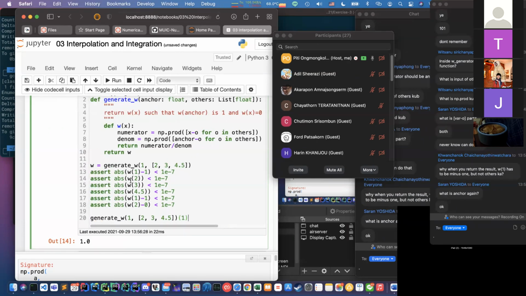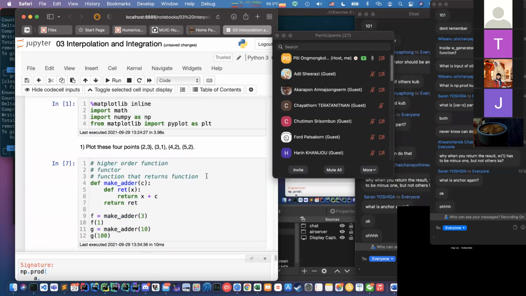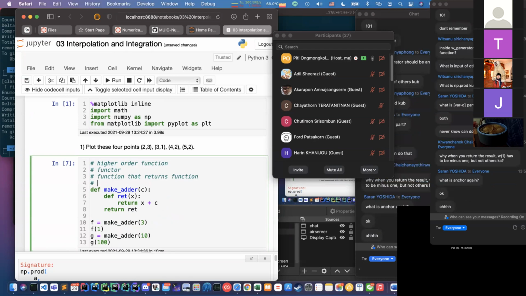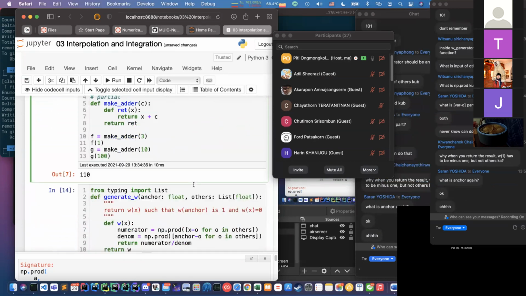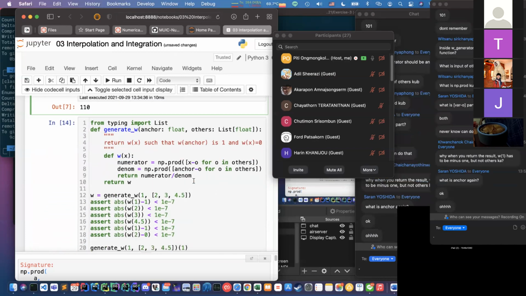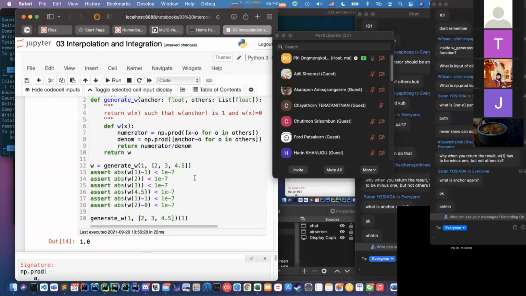Another name for this is called partial. So it looks like a function, but it's not completed yet.